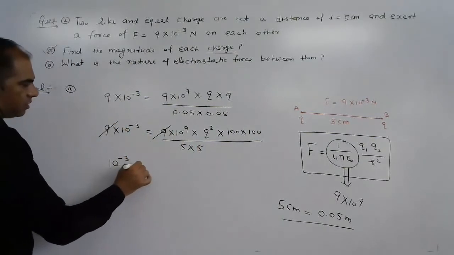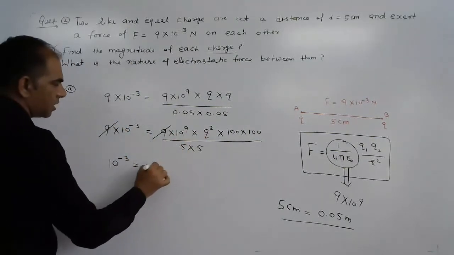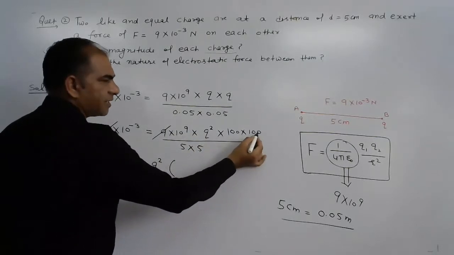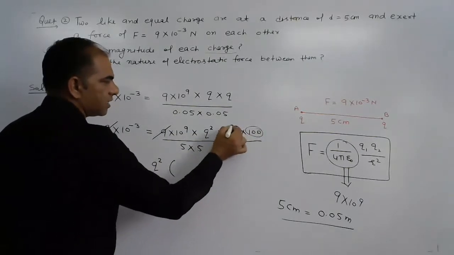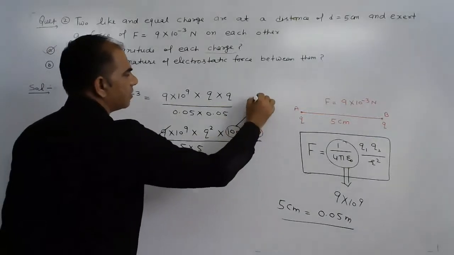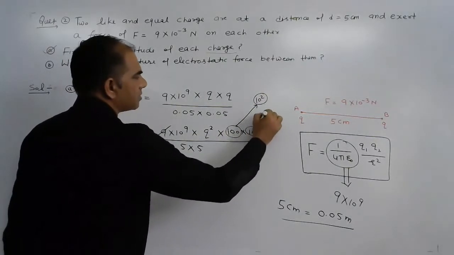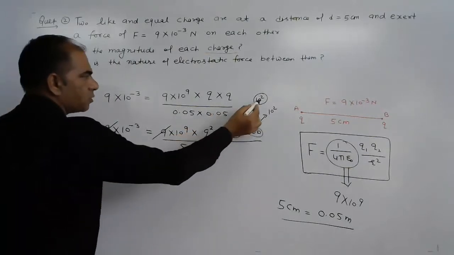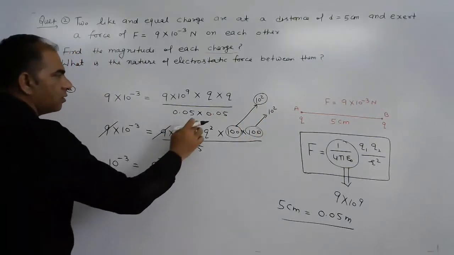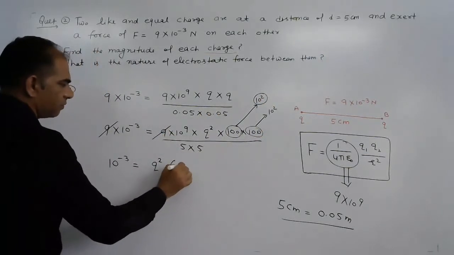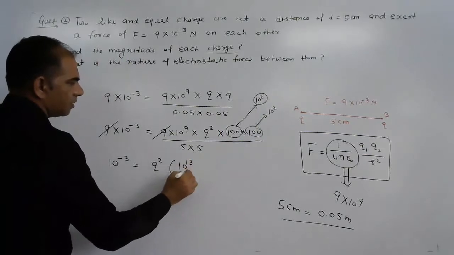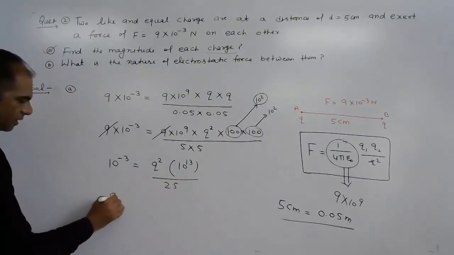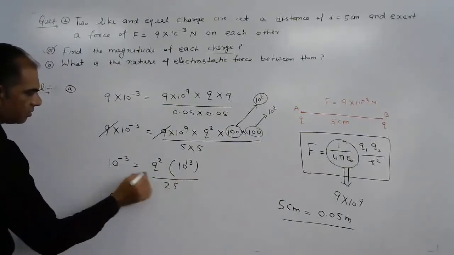This becomes 10 raised to power minus 3 is equal to Q square into 10 raised to power 2, and this is also 10 raised to power 2. Adding the powers, 9 plus 2 is 11, plus 2 is 13. We write here 10 raised to power 13, divided by 25. We find out the value of Q square.